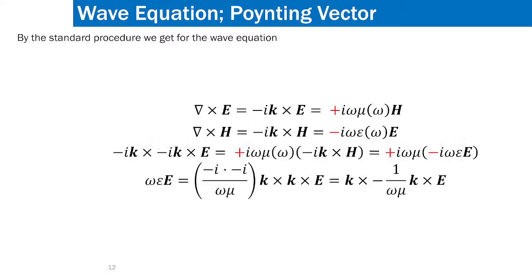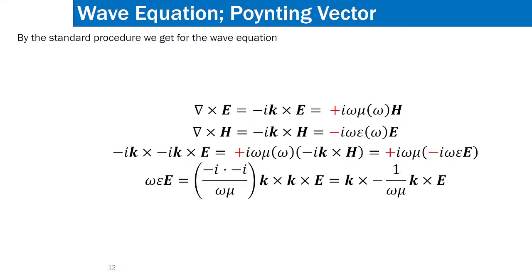Now, multiply by minus jk on both sides of the first equation. So the first equation now becomes minus jk cross E is equal to plus j omega mu into minus jk cross H. Minus jk cross H from the second equation is minus j omega epsilon E. So for minus jk cross H, we put minus j omega epsilon E. Now, simplify this equation.